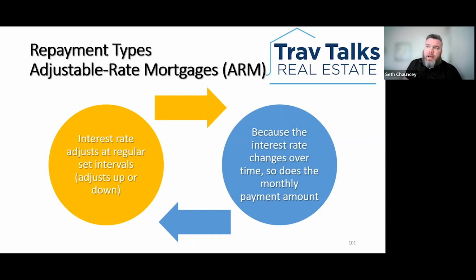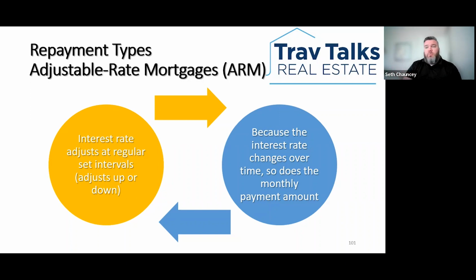The reason people elect to do these is sometimes a lower introductory rate. If the average rates were sitting at 6.9 right now, they may say, we'll give you a 5.75 for the first 5 years, but then it's going to adjust and it can go up.